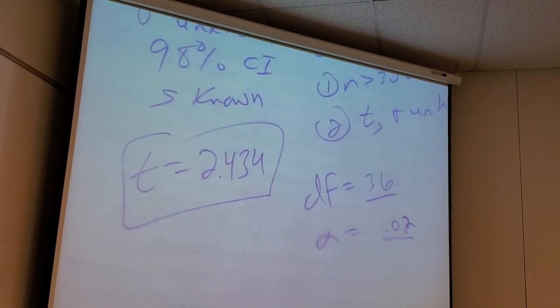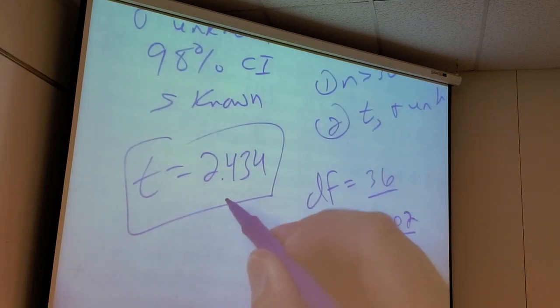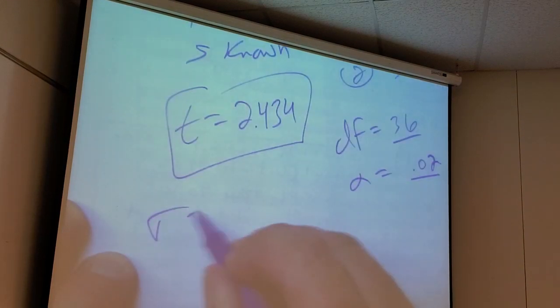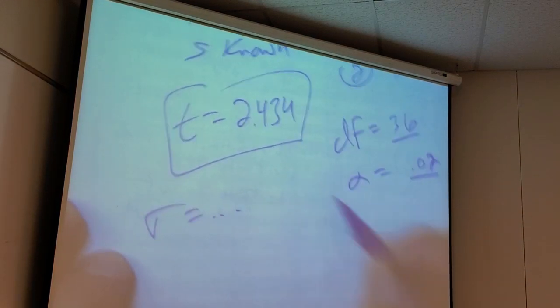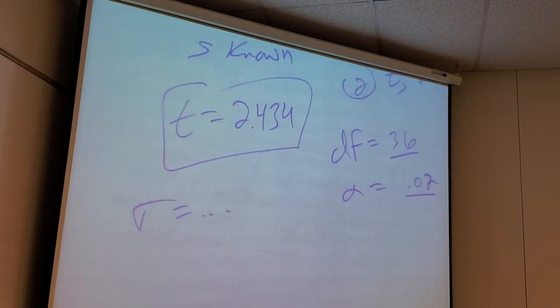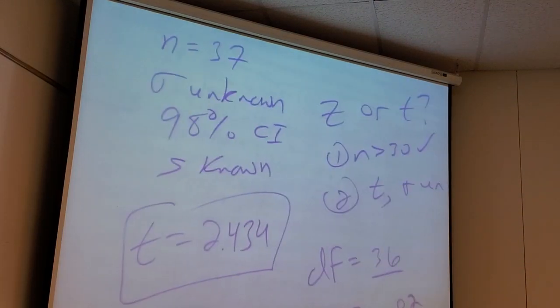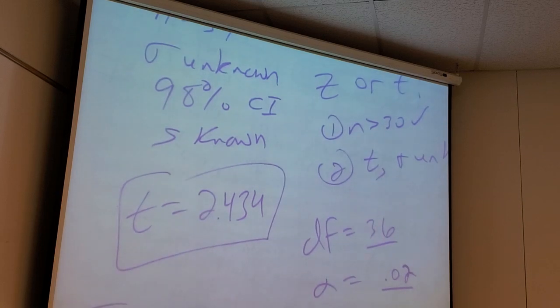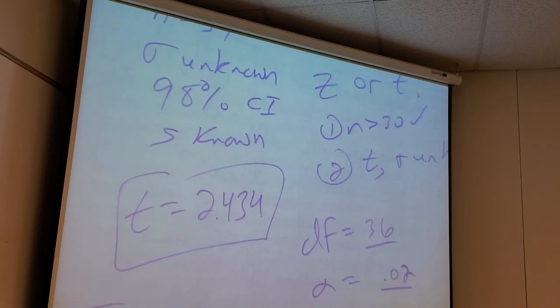So what if somebody came along right when I was about to do this and said, by the way, I know what sigma is? Same situation, but now what can I then do? Just go to the bottom of that column. Yeah, because now I can use z-score.